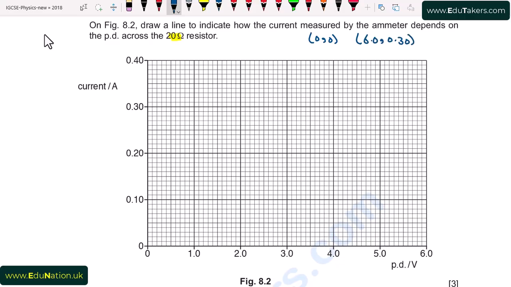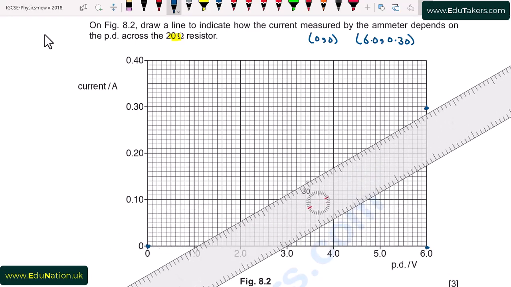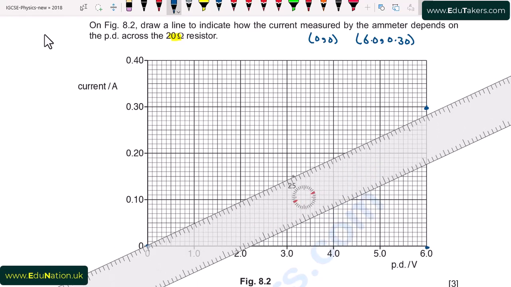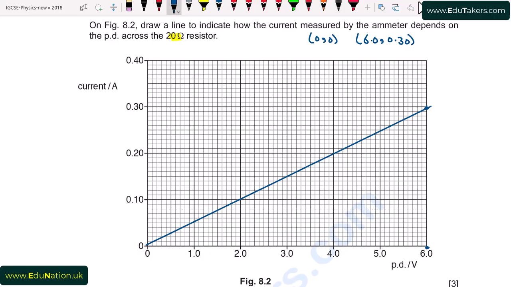The 0, 0 point lies at this position, while 6 volt is this, and its corresponding current is 0.30, which is at this point. So we have to join both of these points and it will be a straight line. So I am going to draw this. So we can see here that it is a straight line.